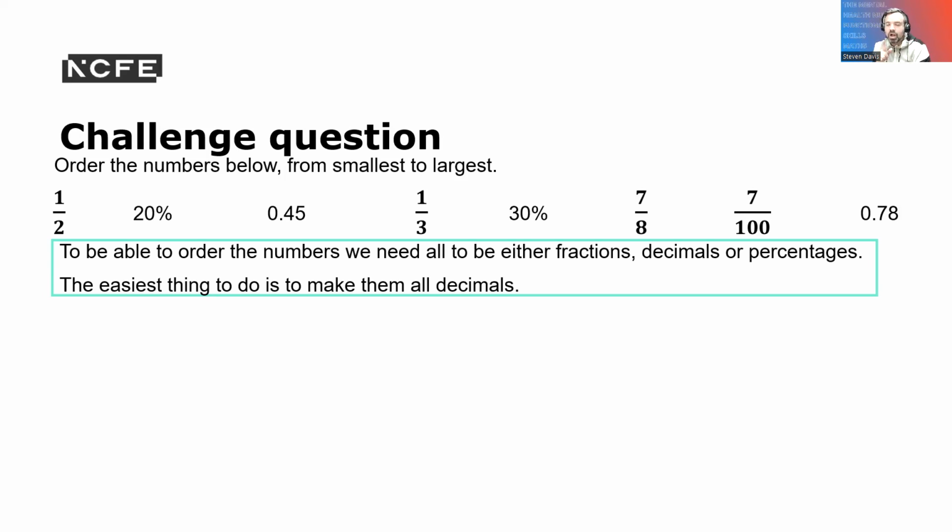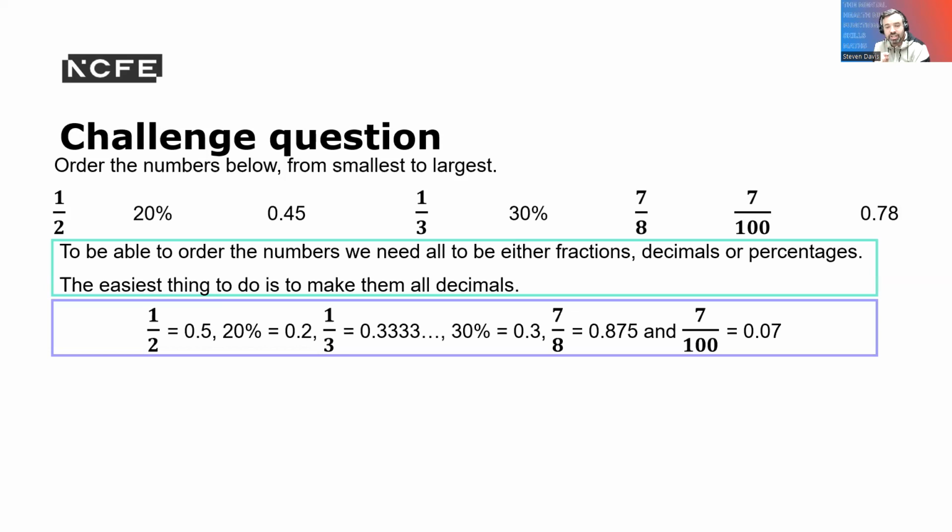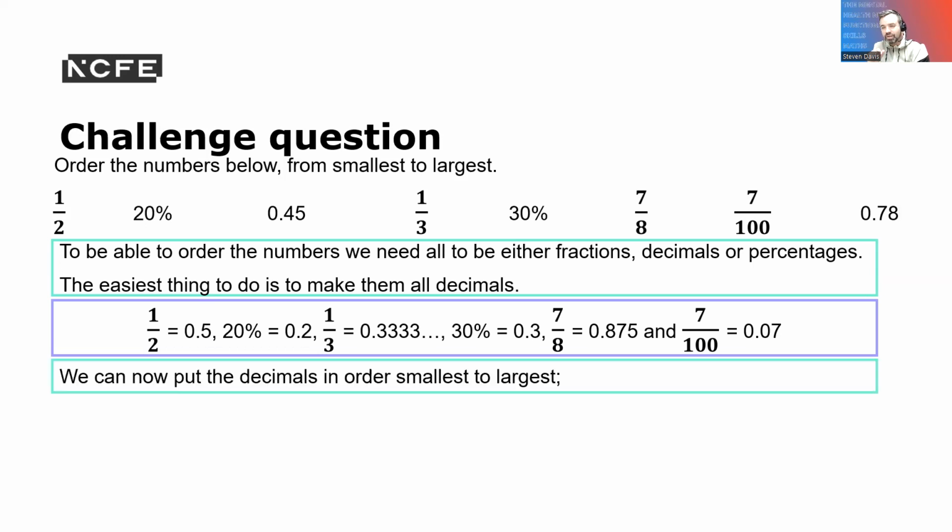So half to decimal would be 0.5, which is then 20%. A third would be 0.33, so that's 30%. 7/8 would be 0.875 and 0.70.